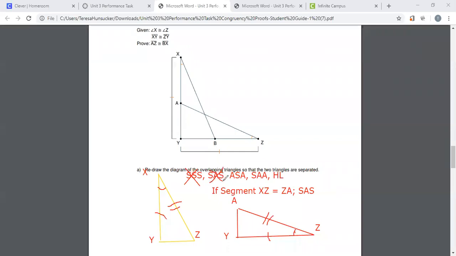Now, what if we wanted to show the triangles congruent by angle, side, angle? Okay, so angle, side, angle, we know X is congruent to Z. Let me get rid of these tick marks. There we go. That was for side, angle, side. We don't need that anymore.